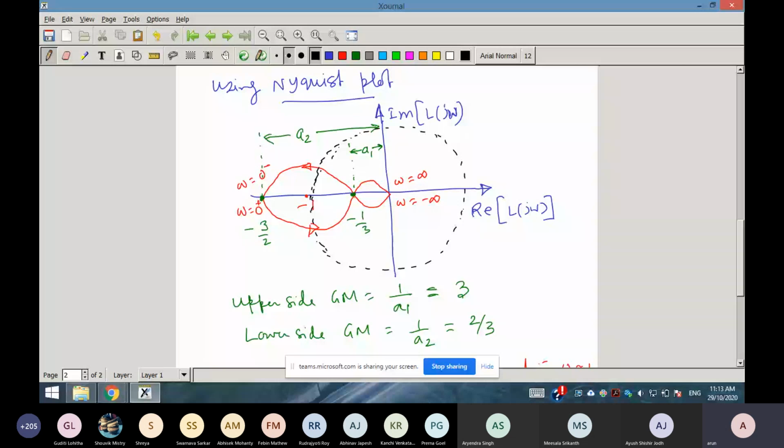So this is the unit circle. This is your gain crossover frequency. And what is your phase margin? Either upper side or lower side phase margin, as I said, it is the same. You can also see that from this figure. This phi is your phase margin.